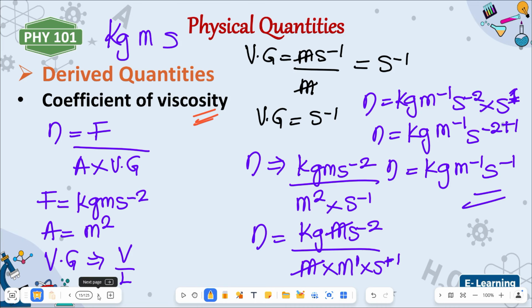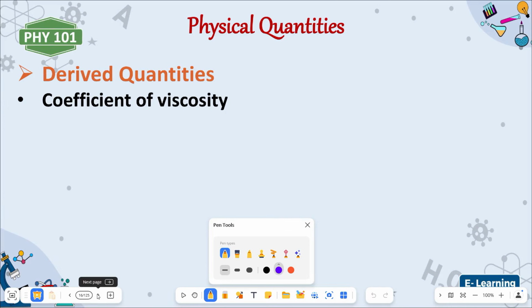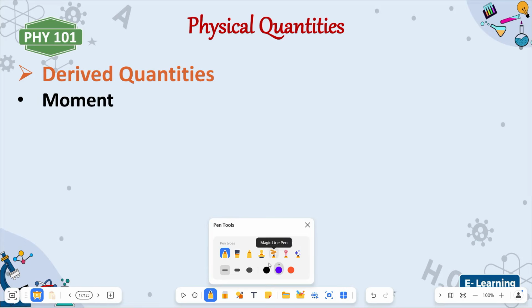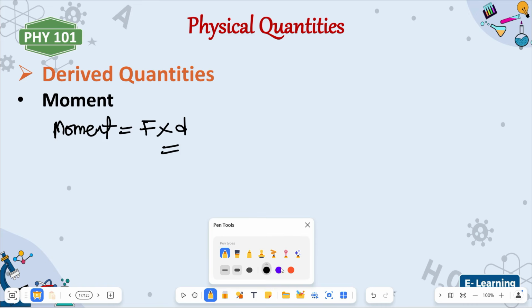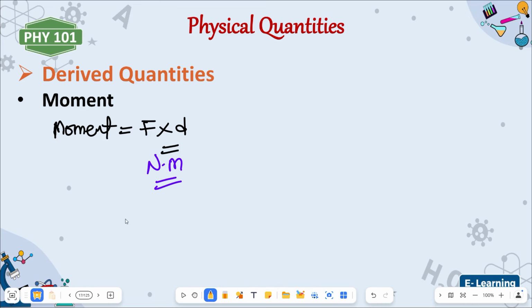The next one we will look at now, moment. Now, my dear student, what is moment? Moment is also force times distance, all right, which will invariably end up to be Newton meter unit. Or if we want to do it the normal way, force is what?